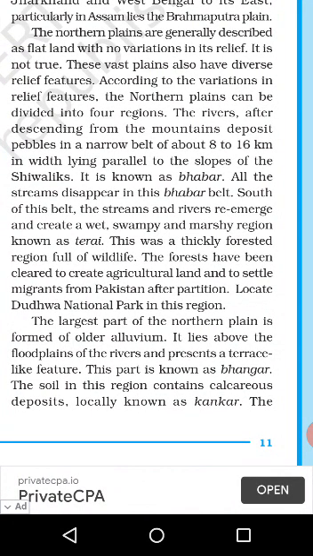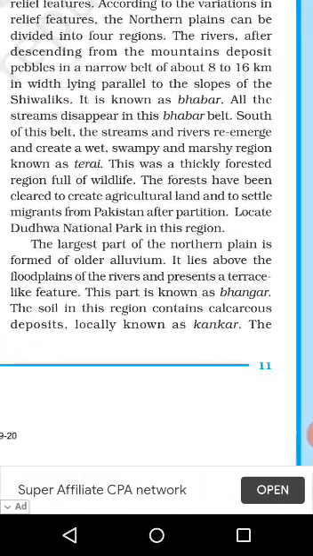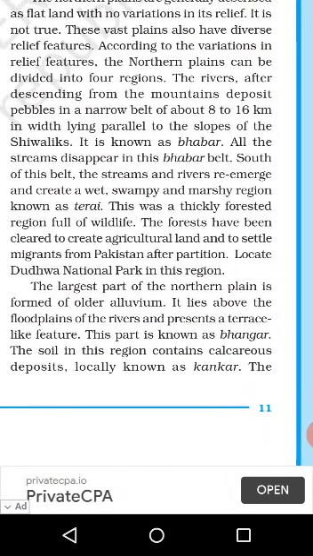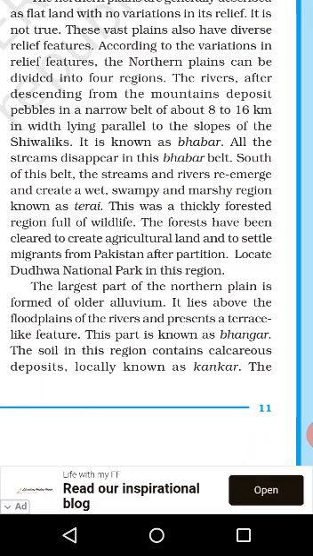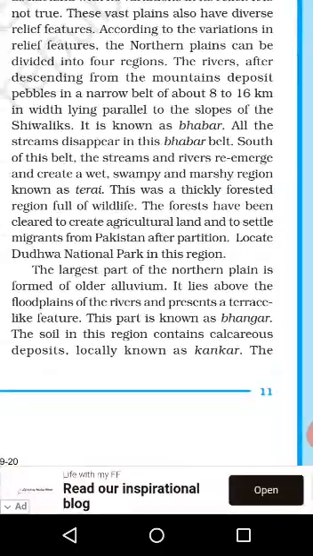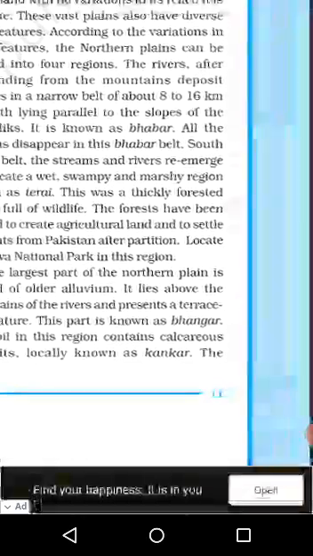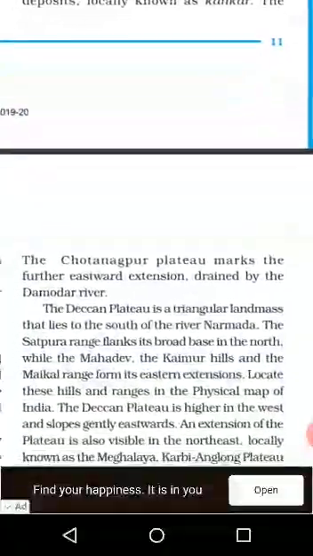But nowadays the forests have been cleared for agriculture. The largest part of the northern plain is formed of older alluvium and it presents a terrace-like feature. This part is known as Bhangar, and the soil in this region contains calcareous deposits locally known as Kankar.